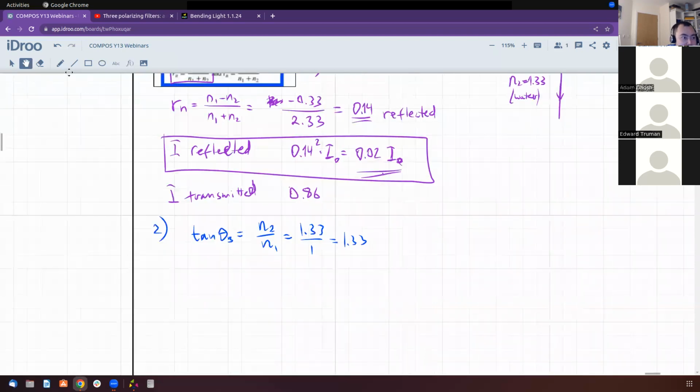So the Brewster angle for water is arctan 1.33, which is 53 degrees.